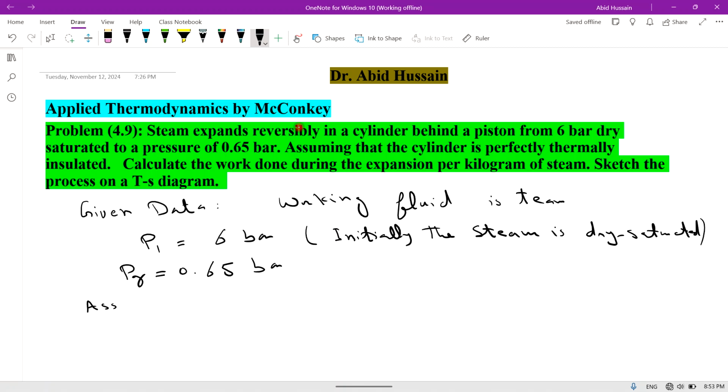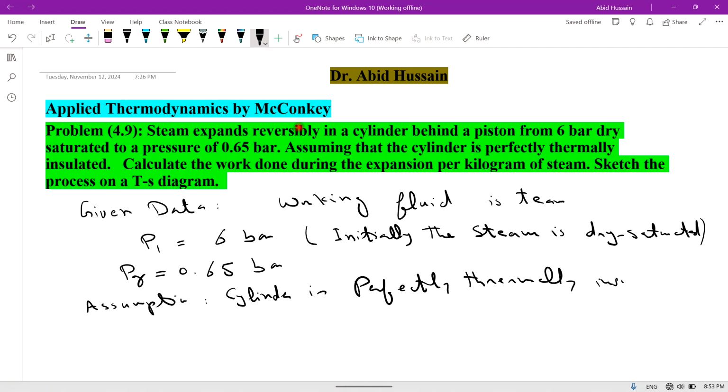Here is the assumption: the cylinder is perfectly thermally insulated. Perfectly thermally insulated means that there is no heat loss and gain from the cylinder.